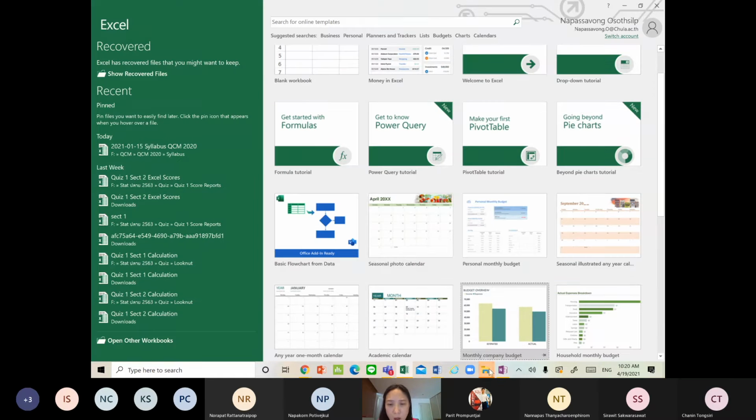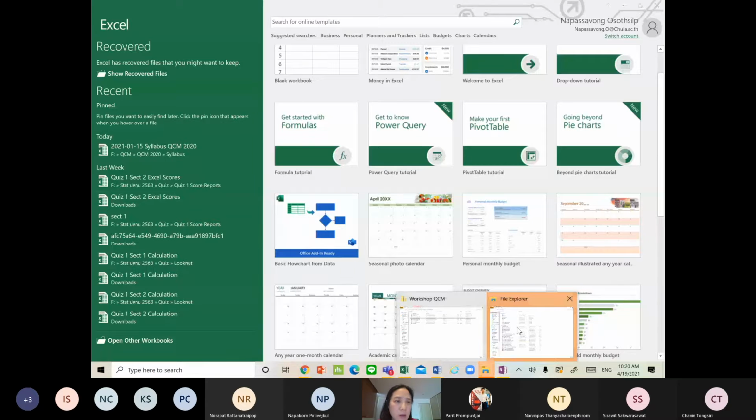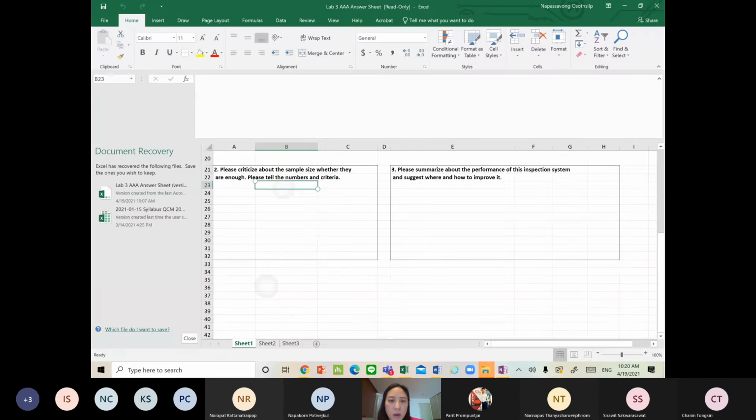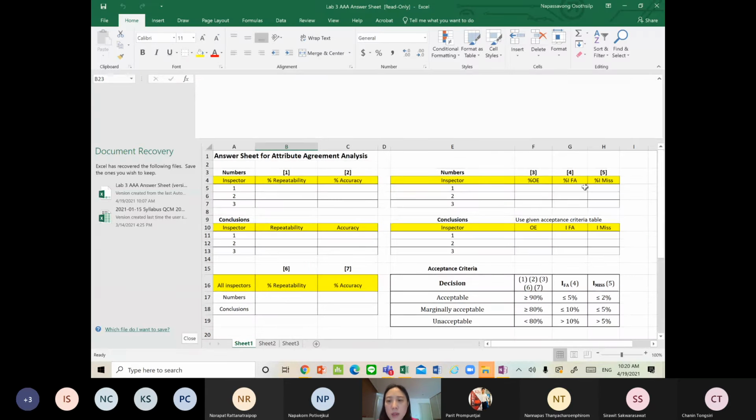Okay, let's fill in %FA. %FA for operator 2, right?